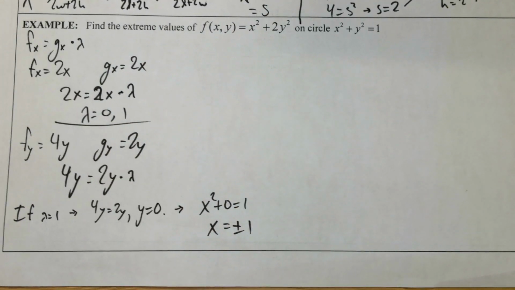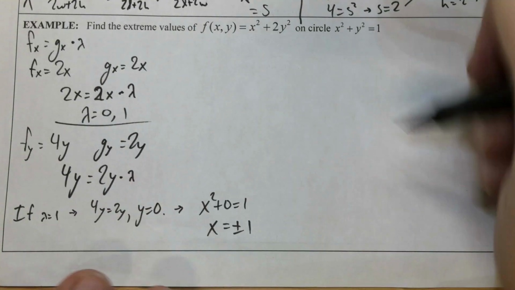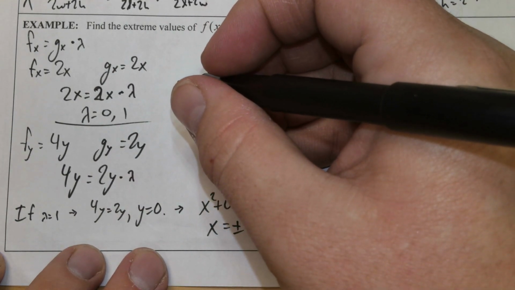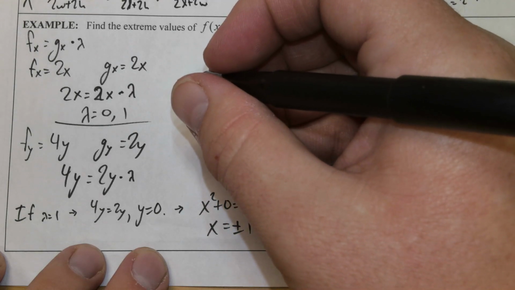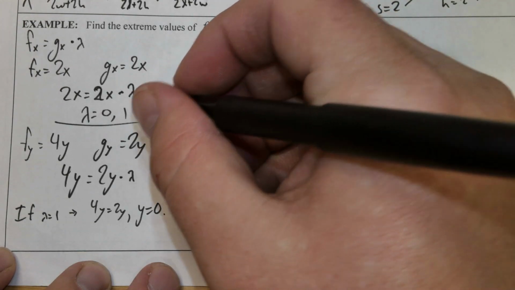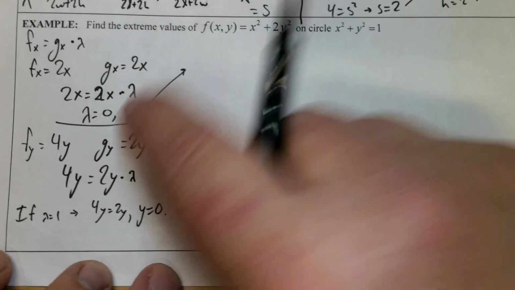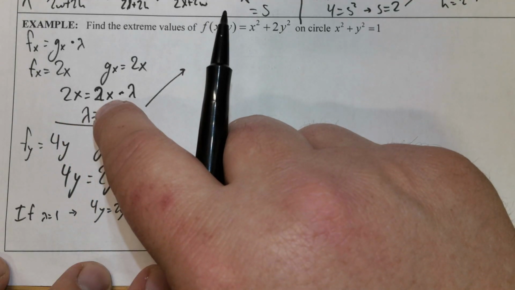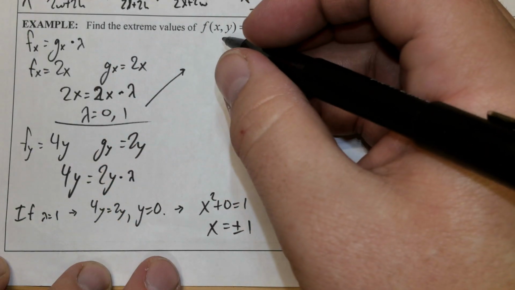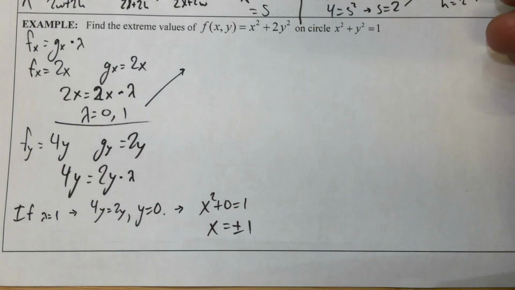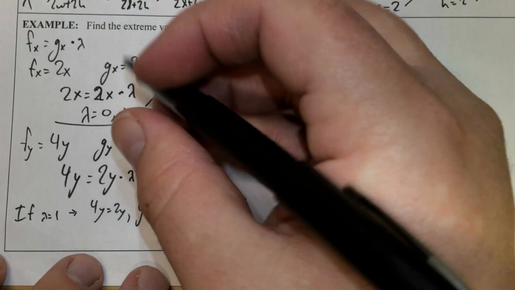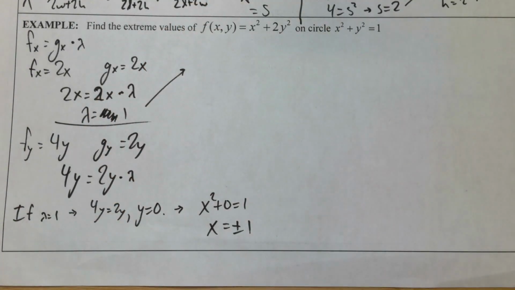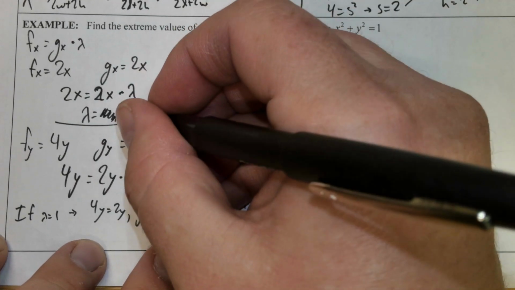What if I went back up and checked out my lambda equals 0 case? I know that if lambda equals 0, either lambda equals 1 or x equals 0.